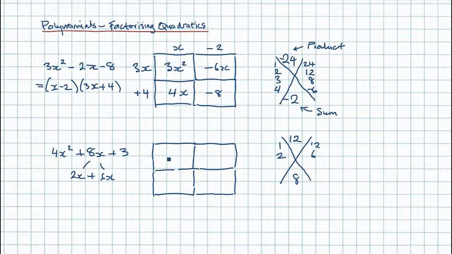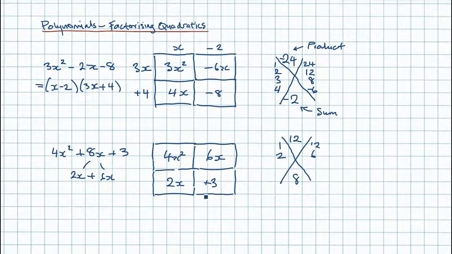So we've got 4x squared, we've got 2x and 6x, so let's put the 6x here to see if that works out. If it doesn't work out, we can always swap things around, but where we put them seems to be quite important. And then we've got our plus 3 down the bottom here.